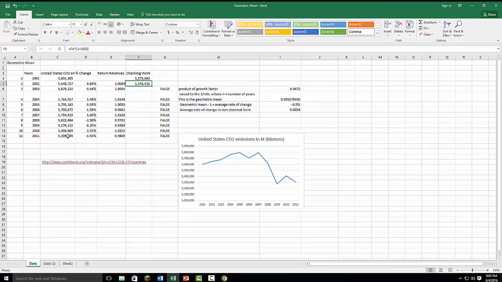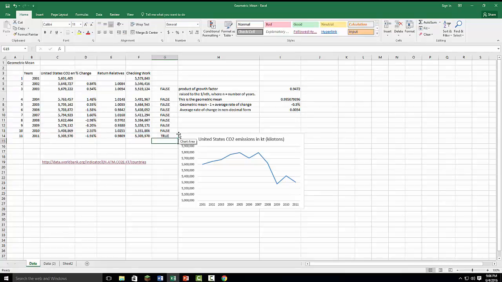So by applying this constant rate of change over the 11 periods, I should come out with 5,305,570. So let me just copy this formula down, and we could see that our average rate of change of negative half a percent yields us the same ending value as our actual values.